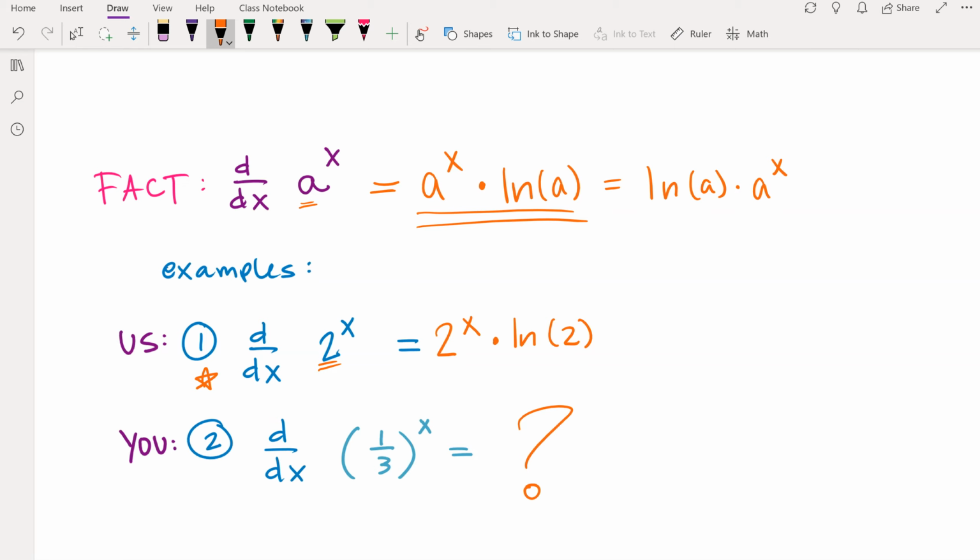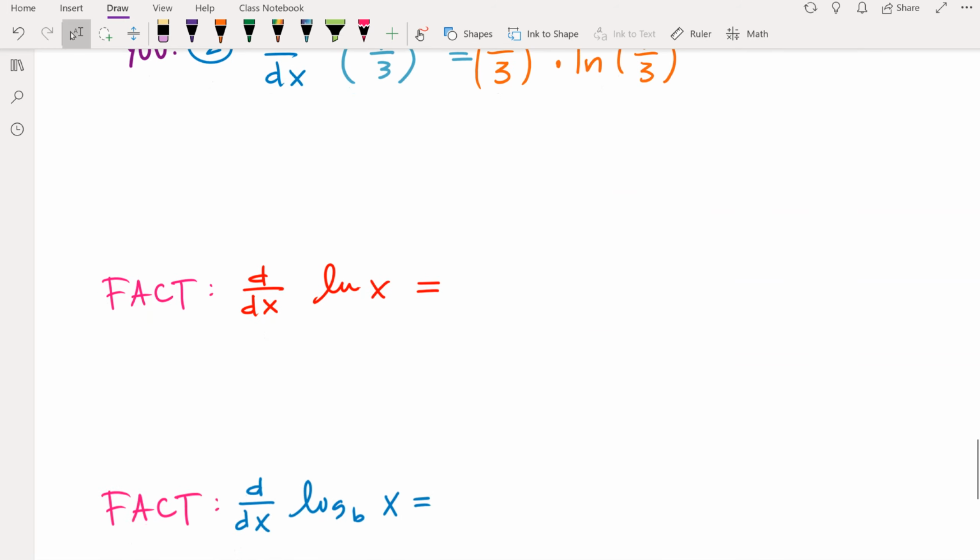What is the derivative of 1/3 to the x? Go. Derivative of 1/3 to the x is going to be 1/3 to the x times natural log of 1/3. All right, pretty easy, right? Okay, so that is another derivative that you need to know, the derivative of a to the x.